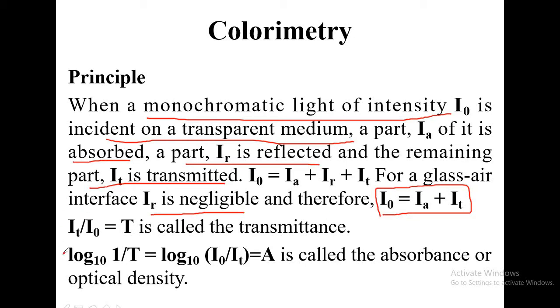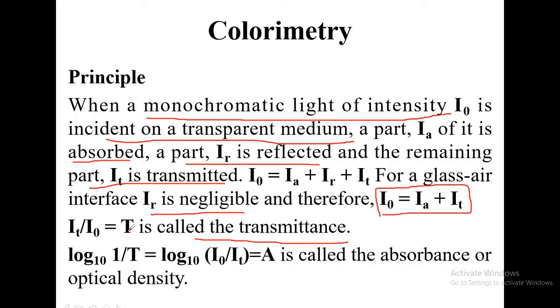Now, the ratio of the intensity of the light transmitted to that of the original intensity is called transmittance. So IT is the intensity of the light transmitted, I0 is the intensity of the incident light, and this ratio is called transmittance.